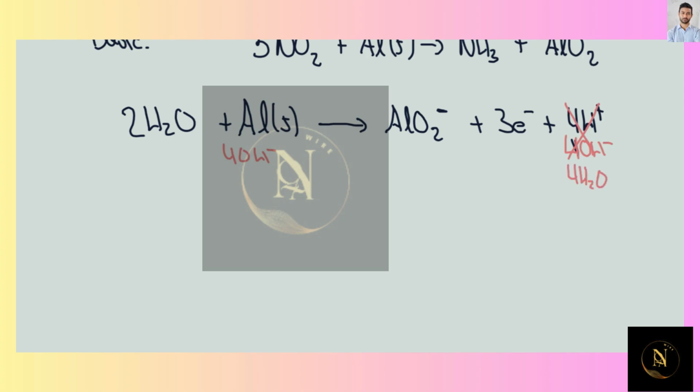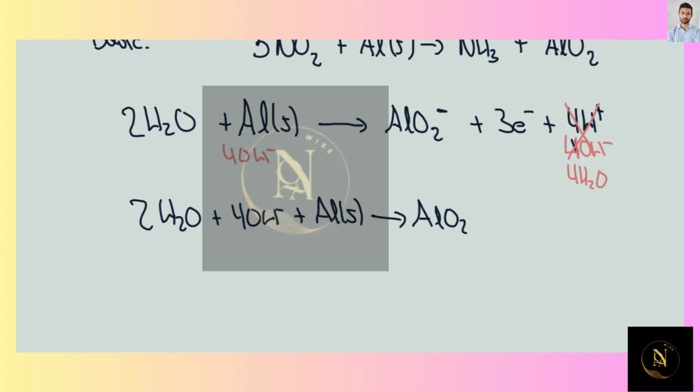So the half reaction in this case is going to read 2 water molecules plus 4 OH minus plus aluminum as a solid. It's going to produce aluminum O2 minus plus 3 electrons plus 4 water molecules. The water molecules are going to cancel out with the ones on the reactant side, so 2, and over here we're going to have a 2.